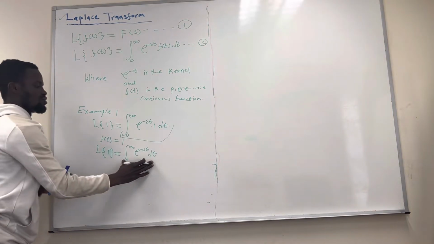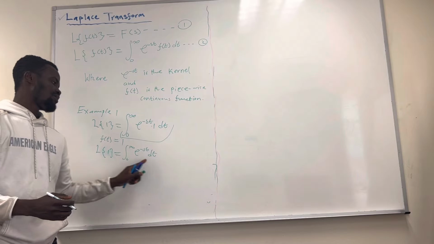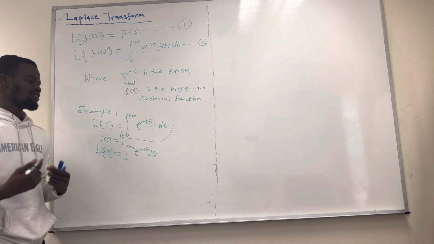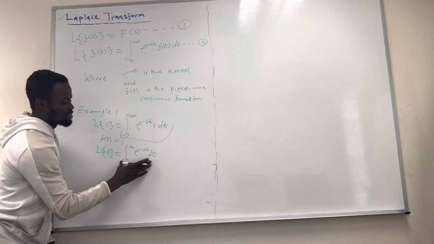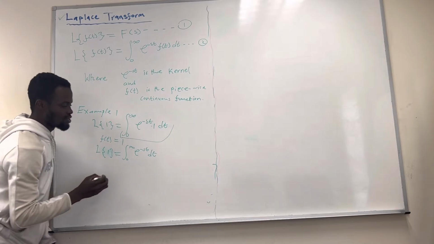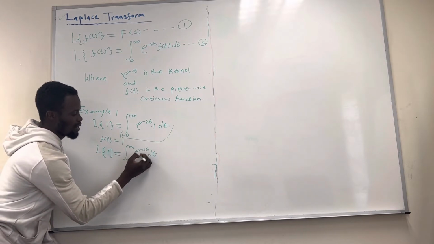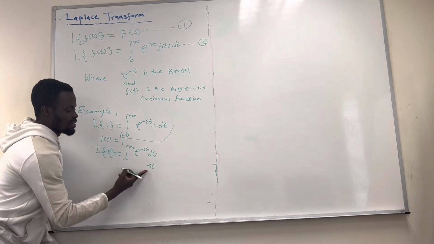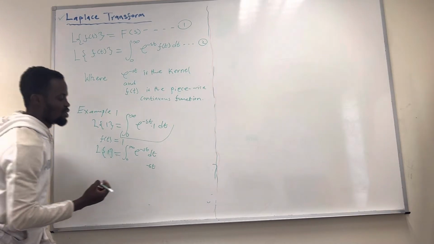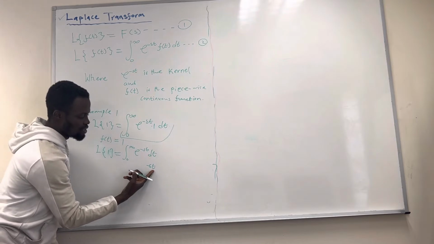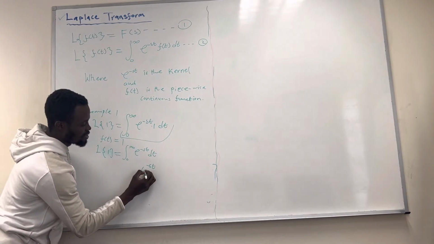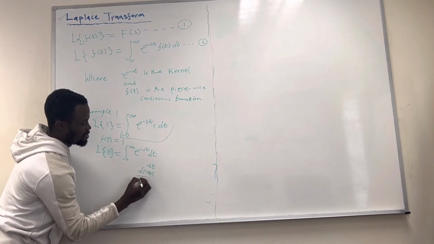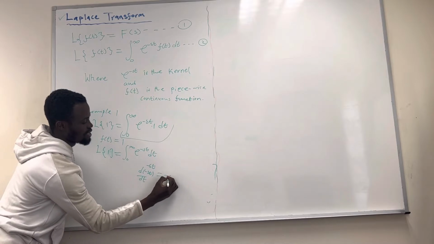Okay, so now this is a common integral we do always. From my previous video, whenever you want to integrate something like this, this is what you do. You take the power, which is negative st, and you differentiate with respect to t. If you do that, you're going to get negative s.